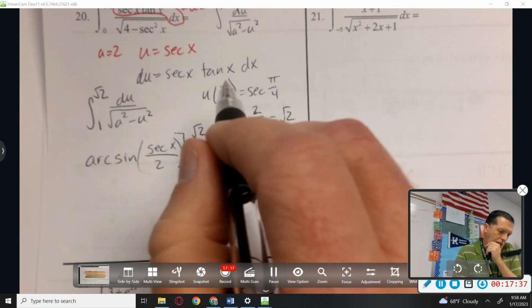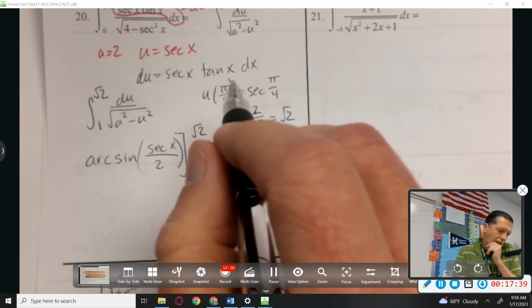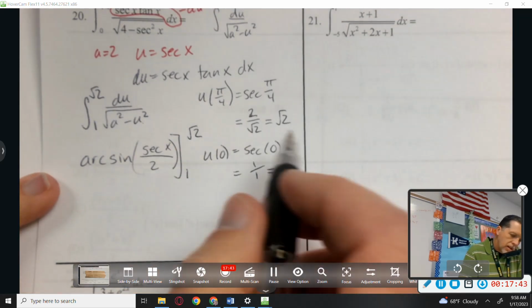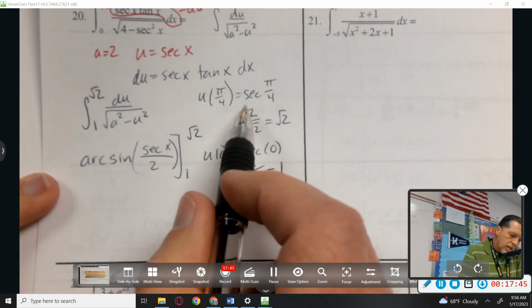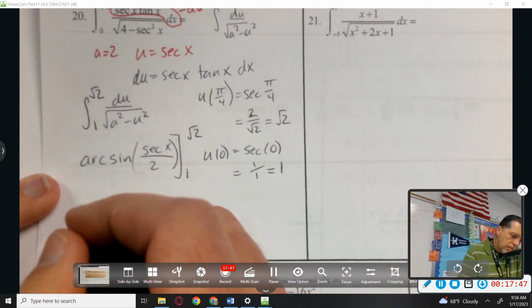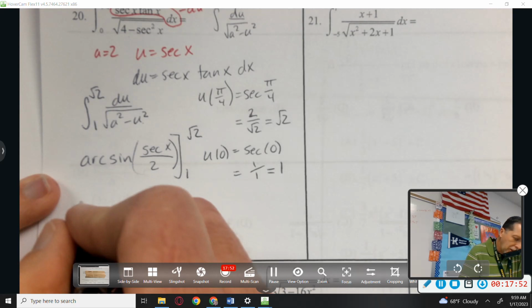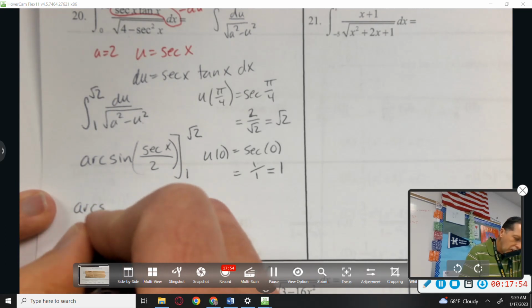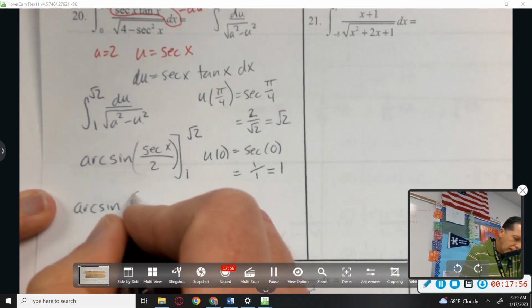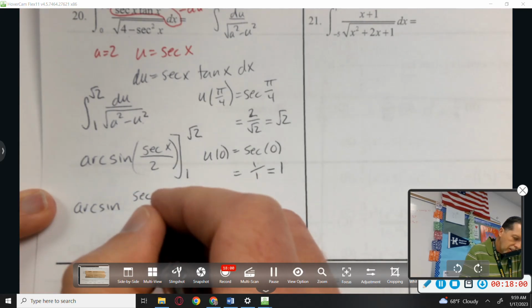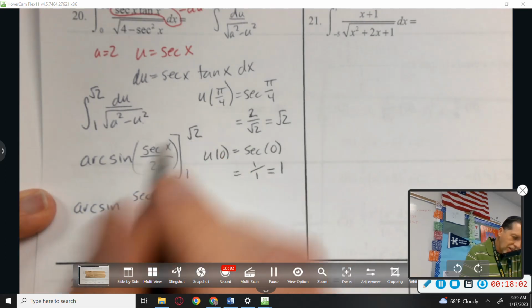Yeah, that's right. Except I don't know what the secant of root 2 is, so I'm going to check this one in a minute. So arc sine of secant of square root of 2. That doesn't sound right.